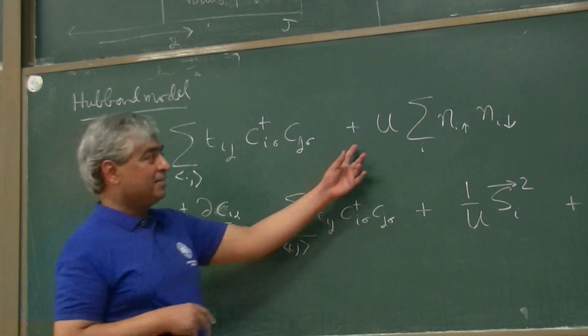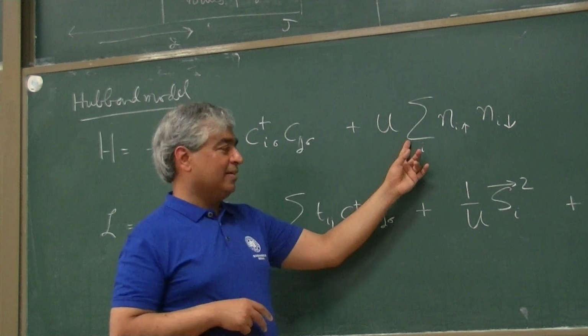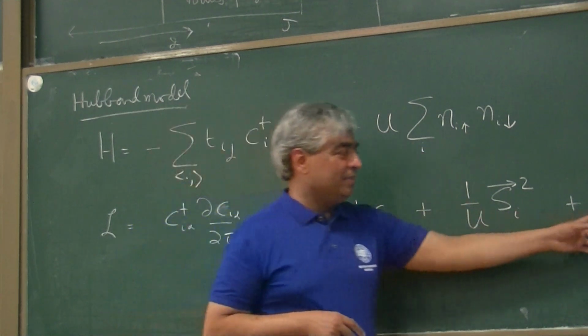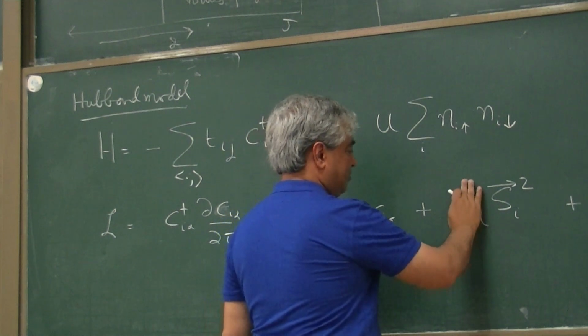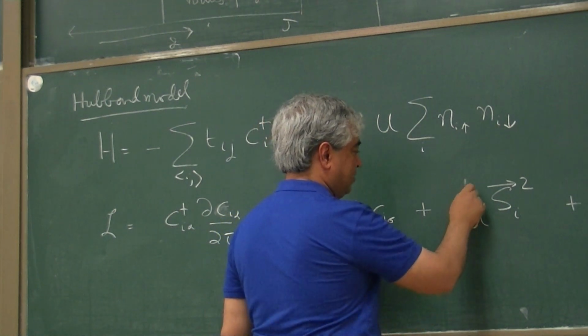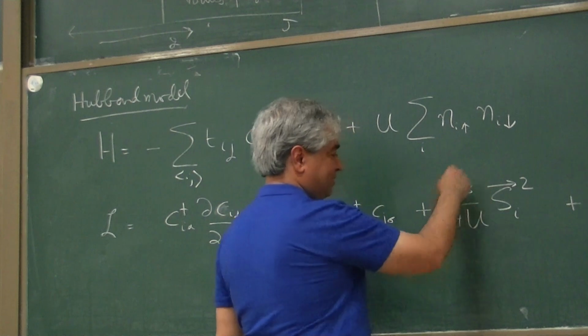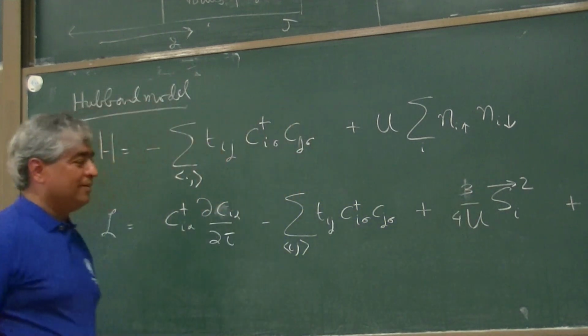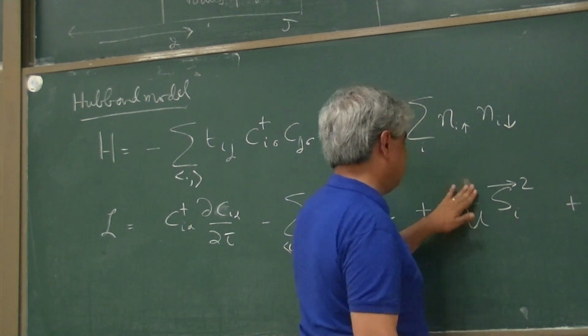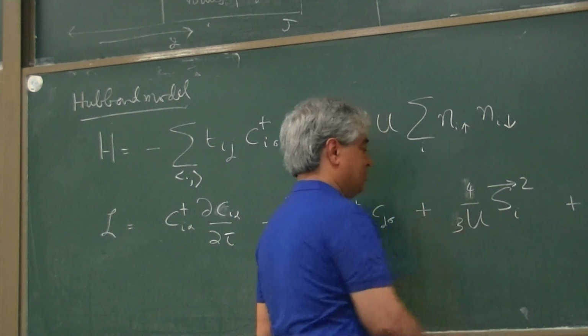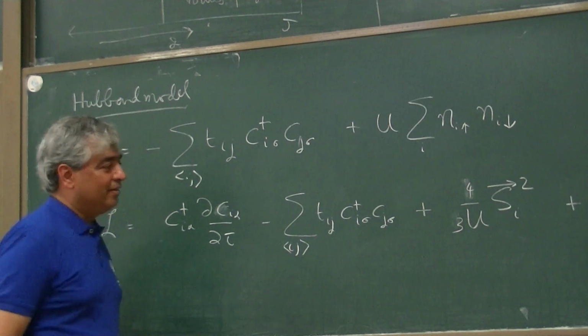And then this interaction term, by some exact identities, you can decouple into a term of this type. There's some factor here, I've forgotten, something like 3/4. I may not remember this. This is in some of our papers. So if you put some factor like this, or maybe 4/3, something like this. Yeah, that's more like it.